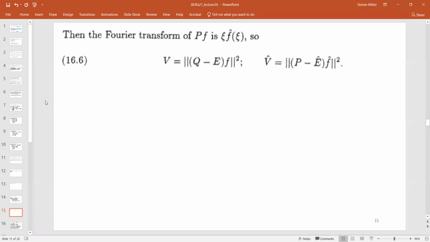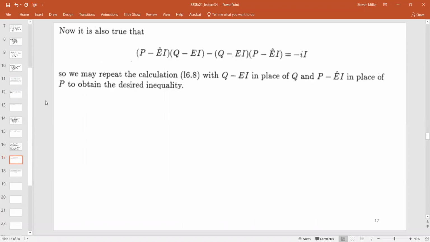That's almost what we wanted, but we wanted Q minus E and P minus E hat. So the last little thing you have to do is go through and redo the calculation from the beginning and put in these new operators, P minus E hat and Q minus E. Or you could start playing games with the different properties we have of translations and whatnot.